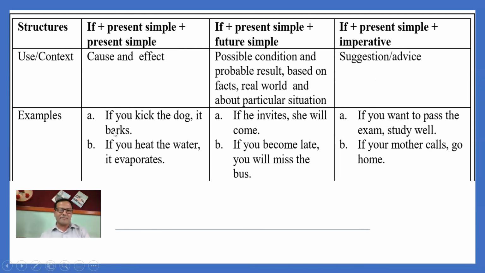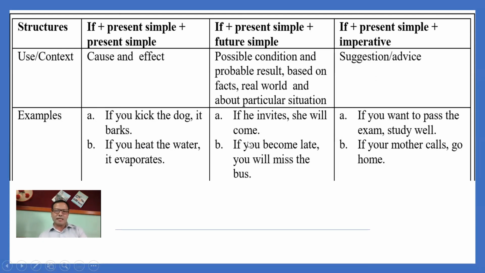So examples are given. If you kick the dog, it barks. Both are in simple present tense. If you heat the water, it evaporates. Both the clauses are in present simple tense. These are facts and true, always possible and real conditionals.